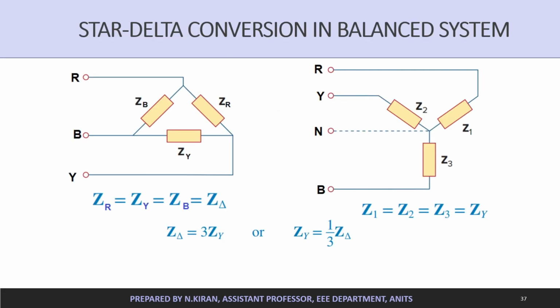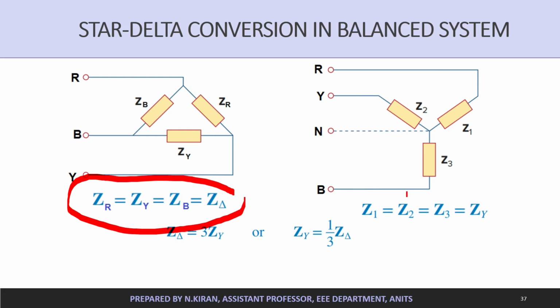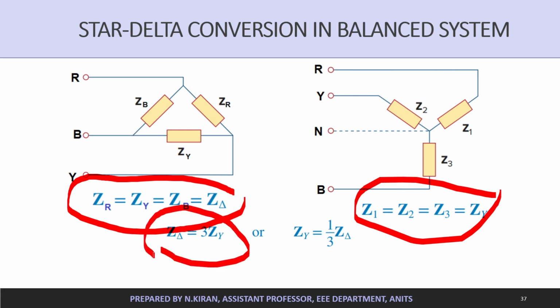So if I have a star connection and if I have a delta connection, in balanced system we know that the magnitude of impedances in each phase are equal, both in star as well as delta. So when I want to convert either star to delta or delta to star, the formula is: Z delta will be 3 times the impedance in star connection, and vice versa.